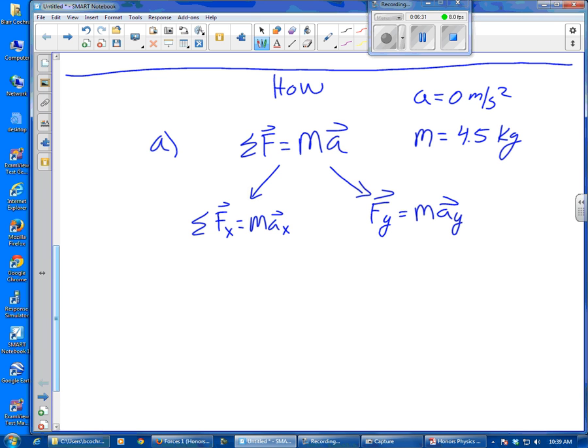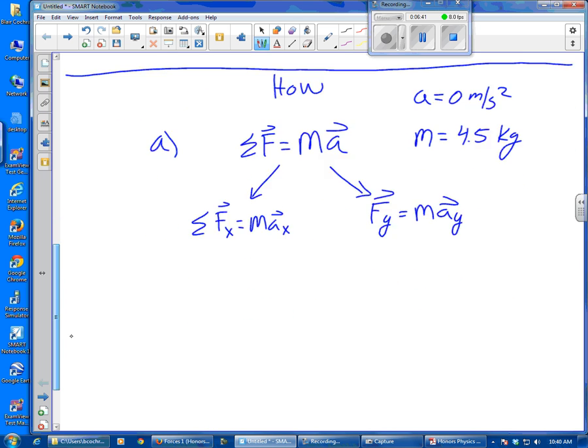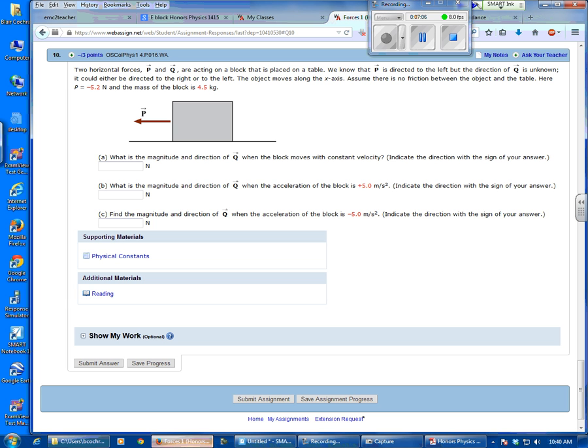In the x direction, I look back to my force diagram, and I've got two forces in the x direction: negative P plus a positive Q. That's going to equal my mass and my acceleration, which in this case is 0 meters per second squared. And so I end up with Q equals P. And I know P, they told me it is 5.2 newtons.